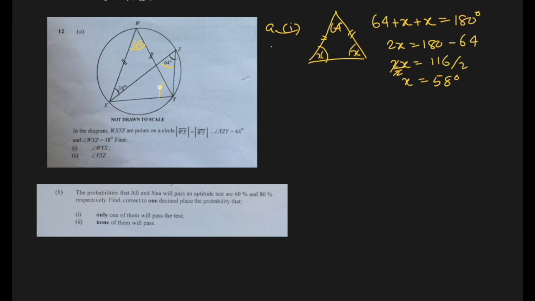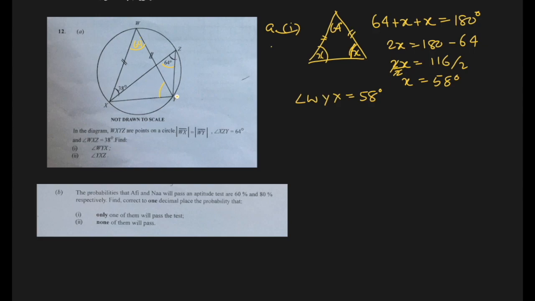So that gives us 64 plus 2x equal to 180 degrees. 2x equal to 180 minus 64. 2x equal to 116. So x will be 116 divided by 2, 58 degrees. So angle WYX, which is this angle, which is also x in my assumption, will be 58 degrees.